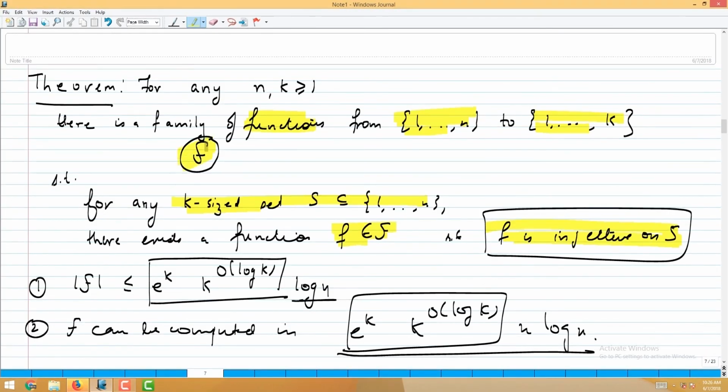And now what will be the running time? The running time will be the number of functions for which we have to run the colorful k-path instance. And how many functions are there? That's the size of the family. So it is some e to the k into k to the power order log k many times you are running the colorful k-path instance, and each takes time of the order of k factorial into polynomial in n.